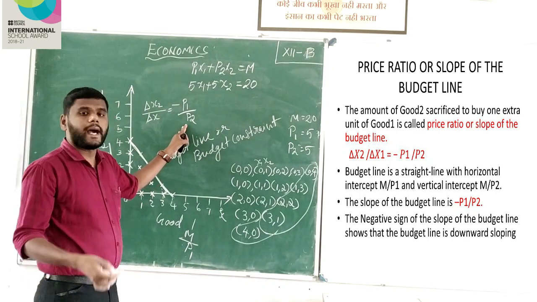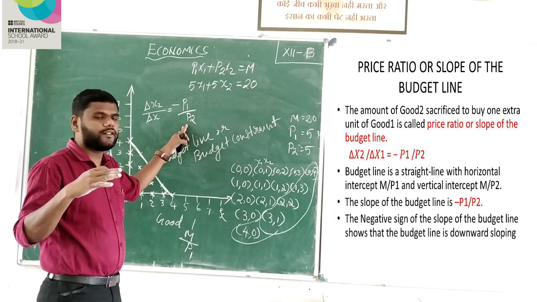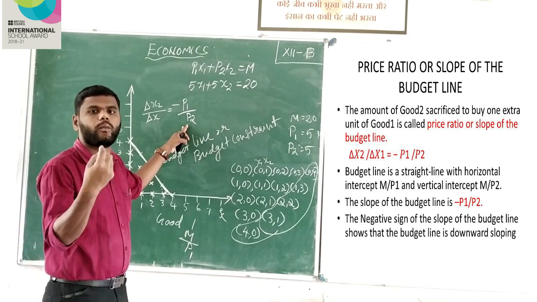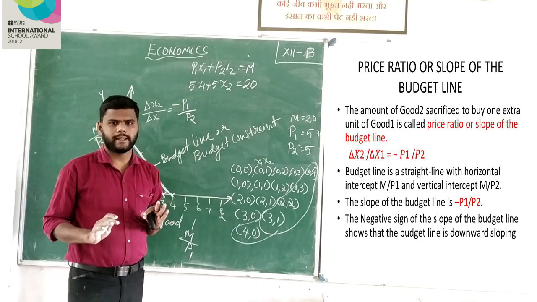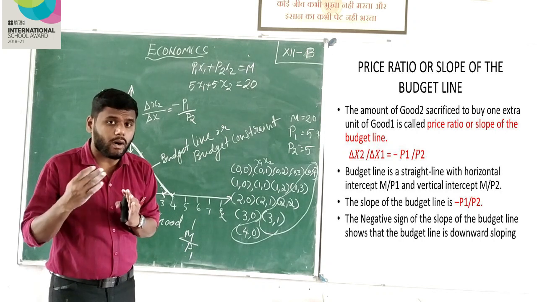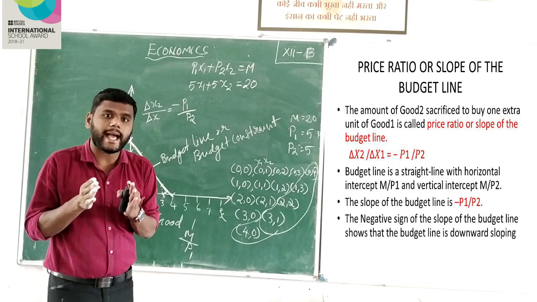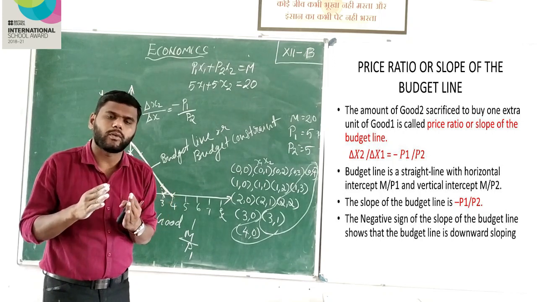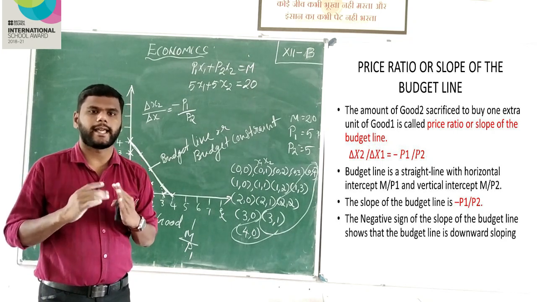That is, the amount of good 2 sacrificed to buy one extra unit of good 1 is known as the price ratio or slope of the budget line. If a consumer wants to purchase more of good 1, how much good 2 does he have to sacrifice? That depends upon the price level. That is the slope of the budget line.